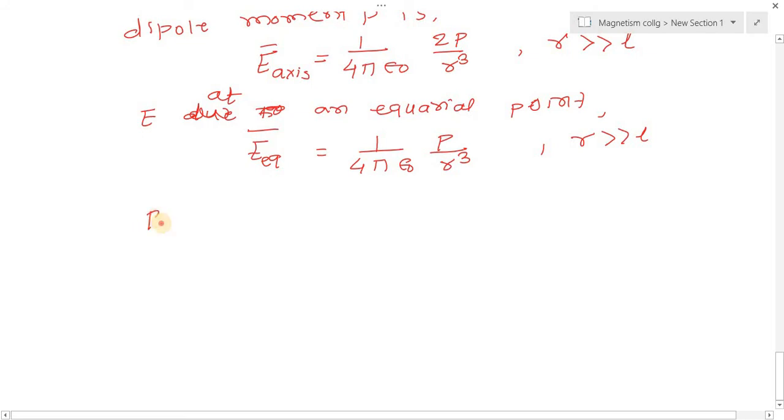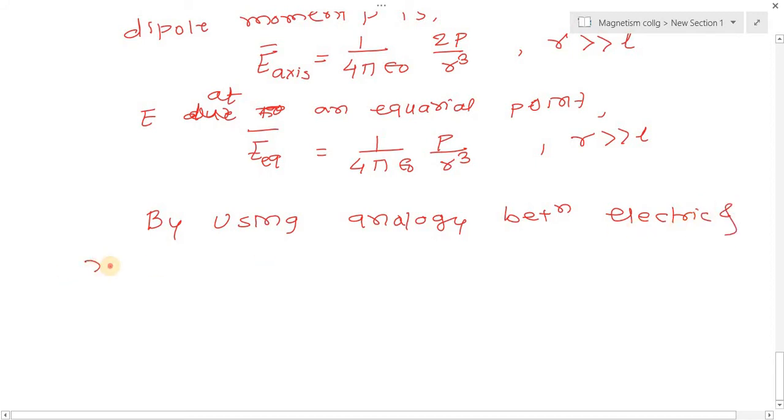So by using the analogy between electric and magnetic field, let's see how we write the formula for B axis, the magnetic field at an axial point.